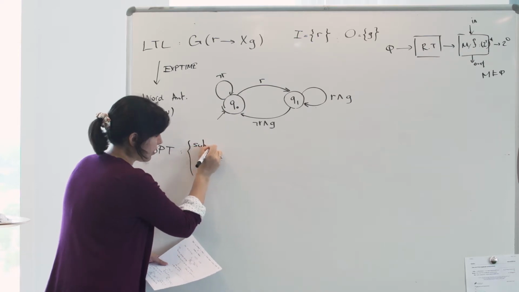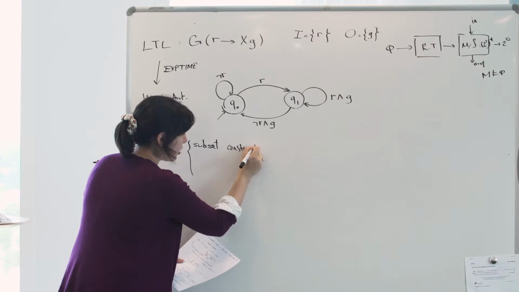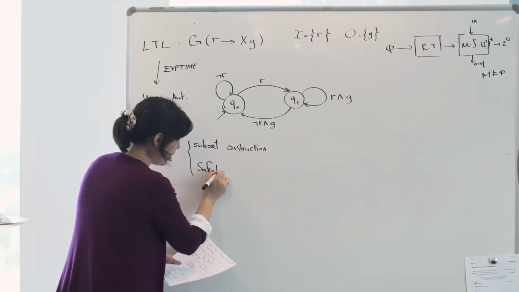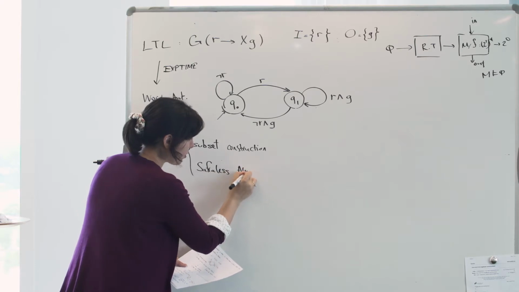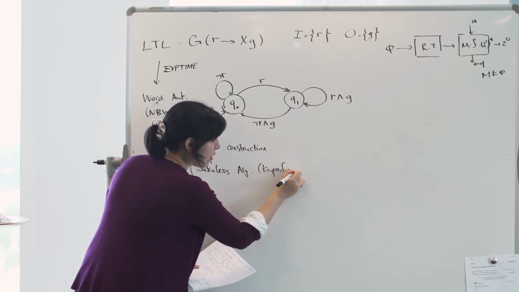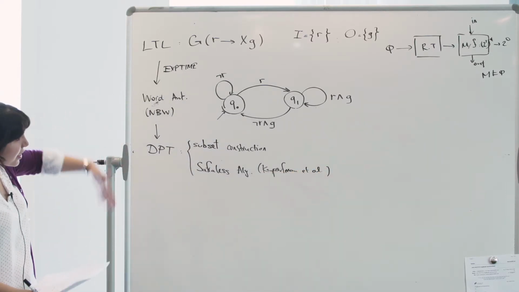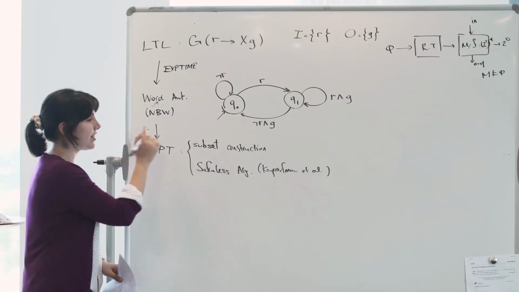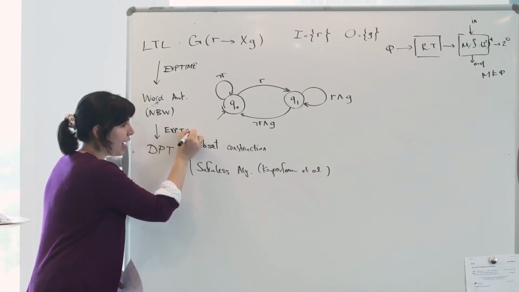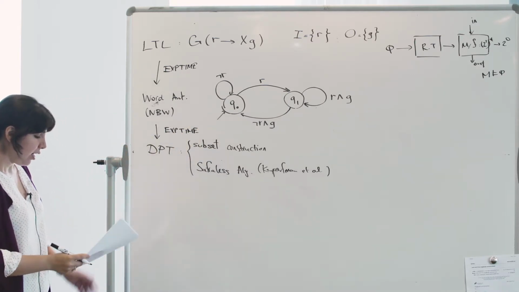So these are not things we are talking about, but you can do things like subset construction, or there's this other algorithm called Safra's algorithm that Orna Kupferman and others came up with. So you determinize your system, and that determinizing also takes exponential time. So we are already at a double exponential time algorithm, which is pretty bad.